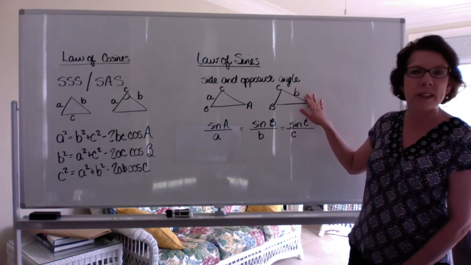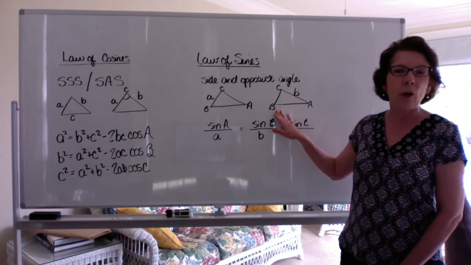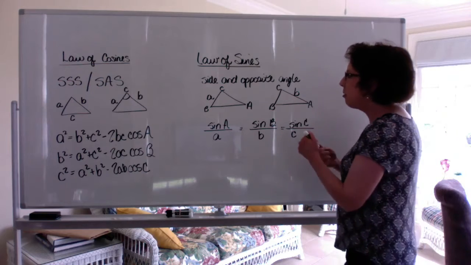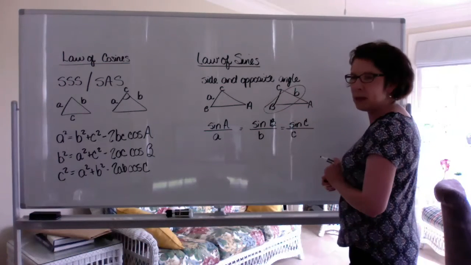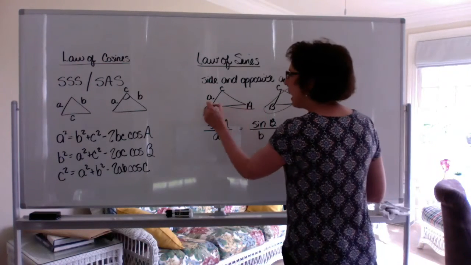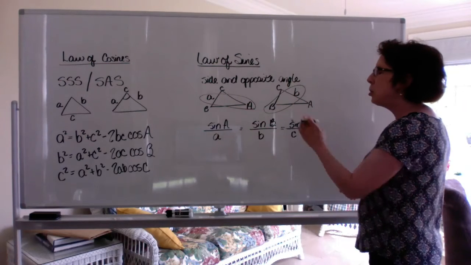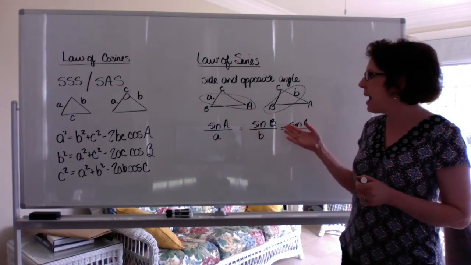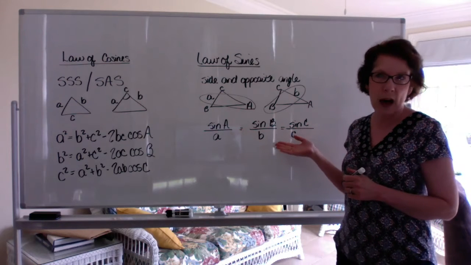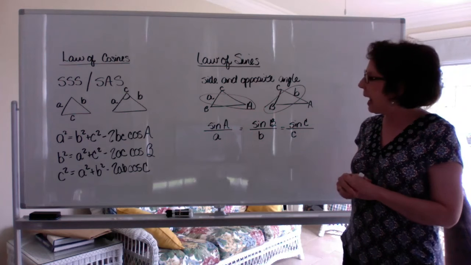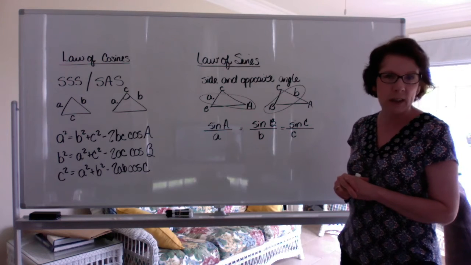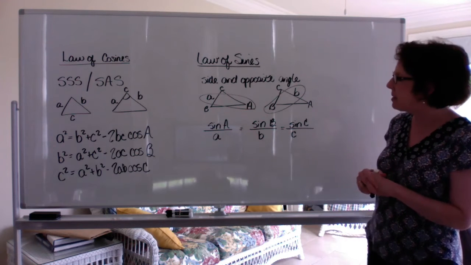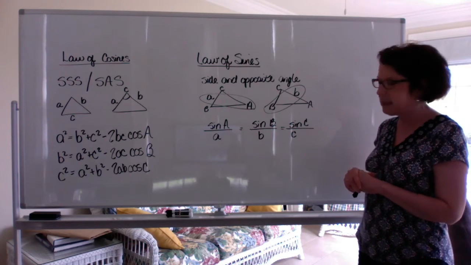Here's another one: I know side B and I know angle B. So we have to know either angle B and little b, or angle A and side A, or angle C and side C. As long as you have a pair, then if you have any other angle or side, you can use a ratio and set up an equation that you can solve with simple cross multiplication. So we have the sine of angle A over A equals the sine of angle B over B and the sine of angle C over C.